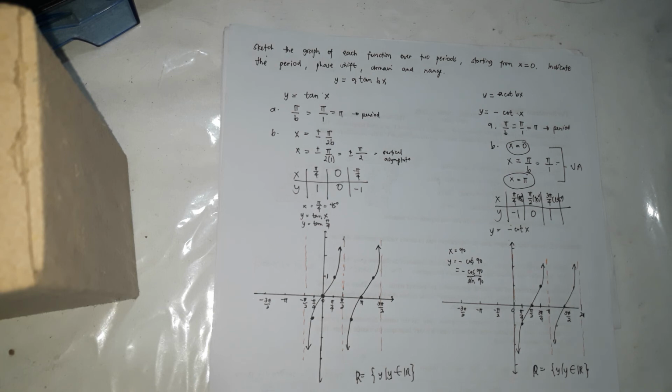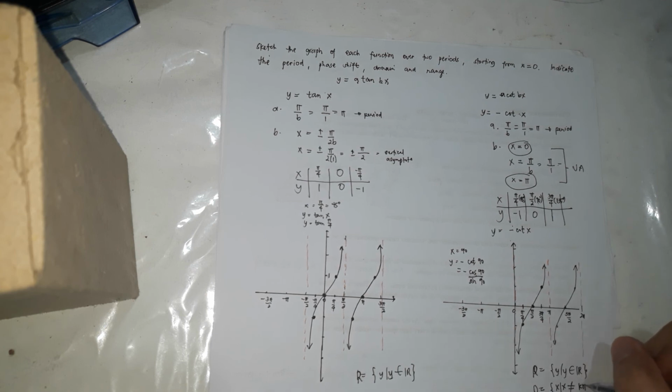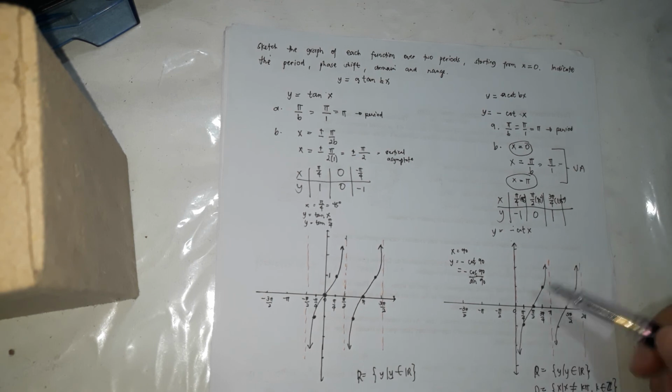The domain of cotangent is x such that x is not equal to k pi, where k is an element of integers. As you can see, it has no value at pi or at 2 pi. Whenever there is pi beside a whole number, cotangent has no value.